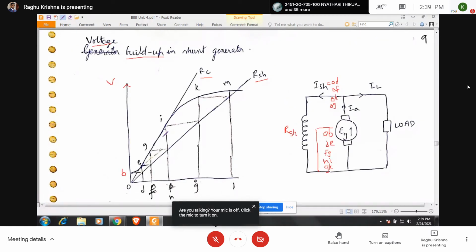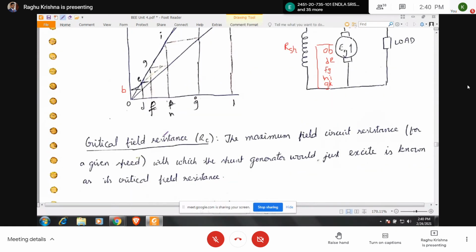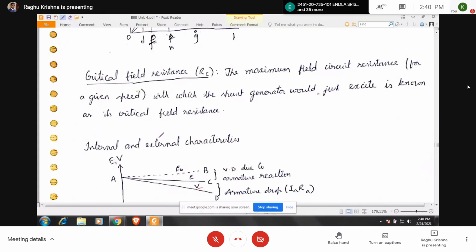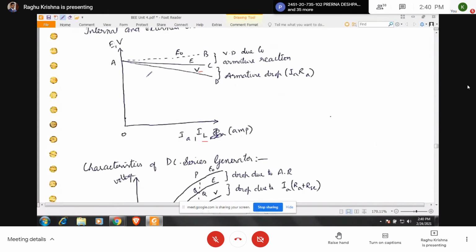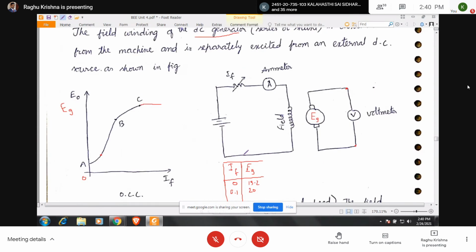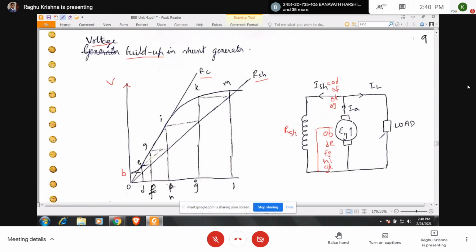So here I explained the OCC of a shunt generator, the voltage build-up process in a shunt generator, and also the critical field resistance. Now here, internal and external characteristics. If you increase the load, we can increase the current. We are going to increase the load on this diagram. How to increase the load so that it consumes more current?